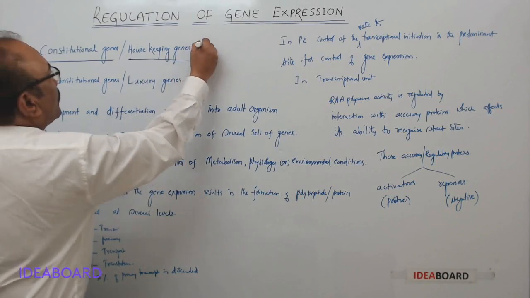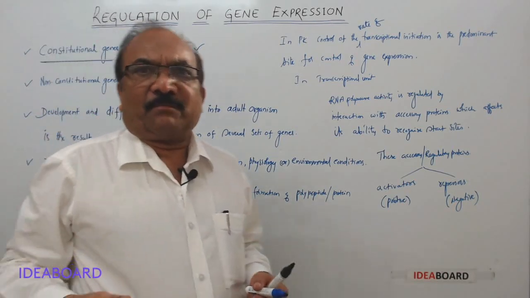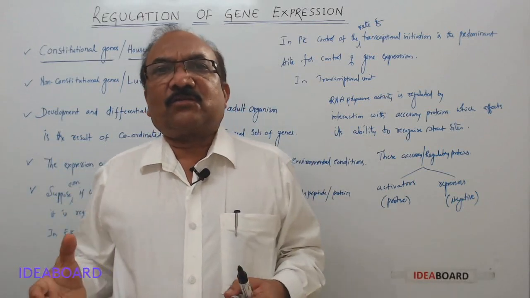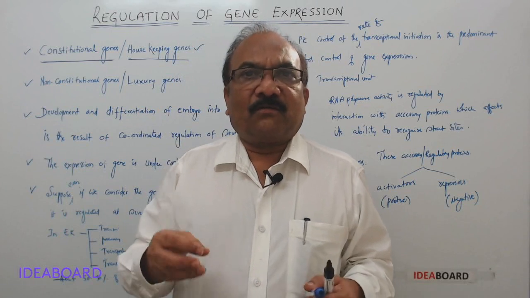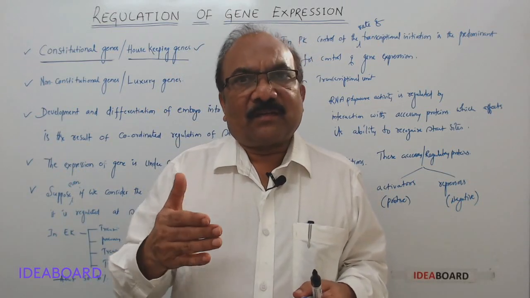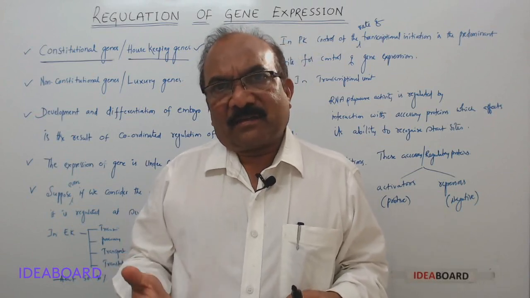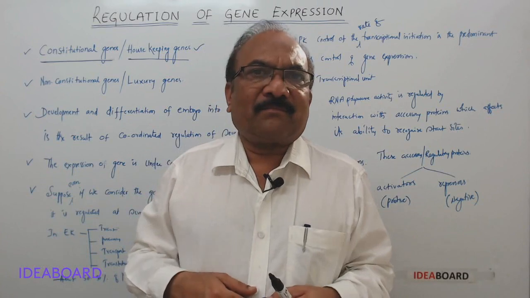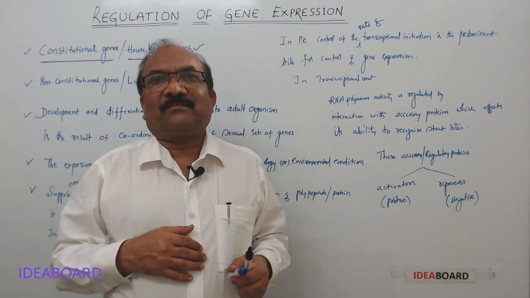What examples can we give for such genes? Do we respire only during daytime, or only at night, or only at a particular time? No, we respire all the time.